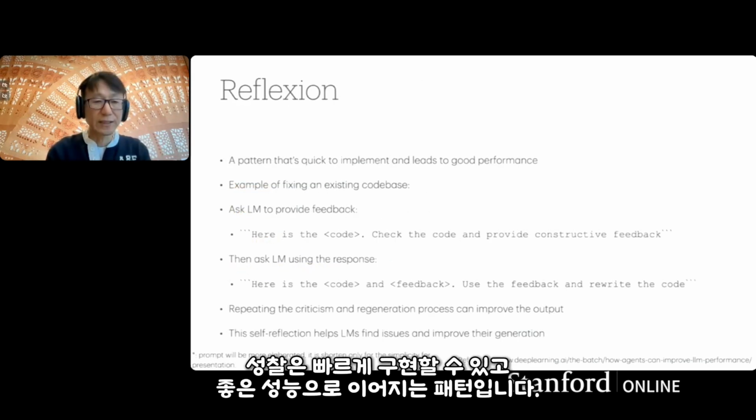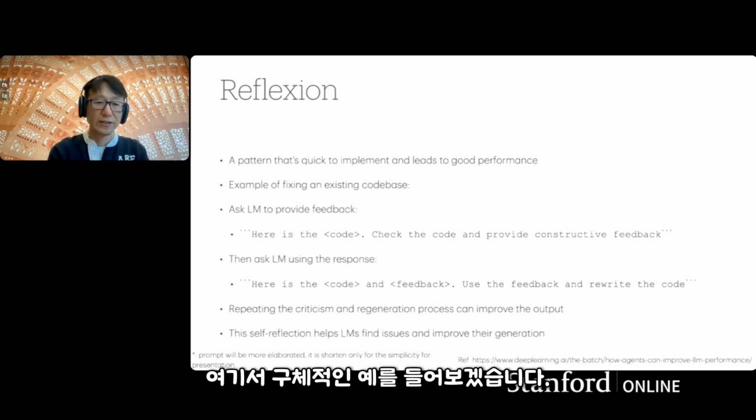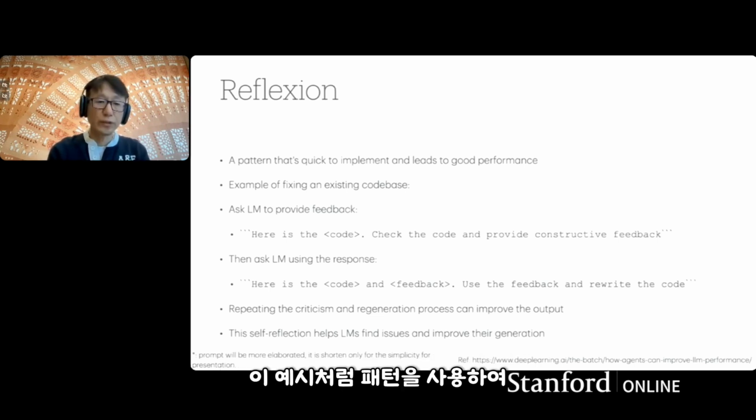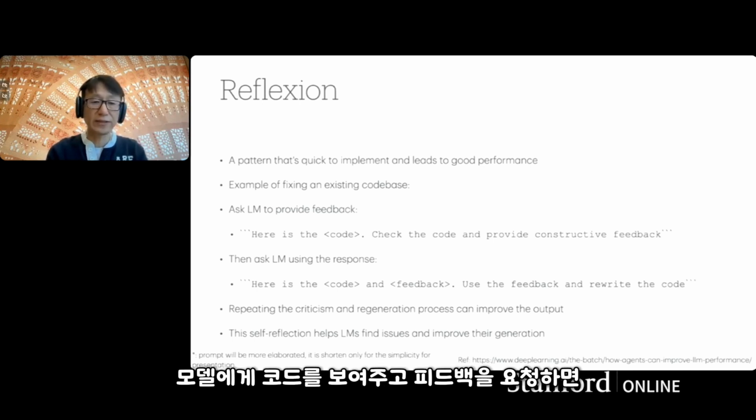Reflection is a pattern that's quick to implement and leads to good performance. Let's use a concrete example here. If you want to refactor programming code, instead of asking the model to improve it right away, you do this pattern. In this example, you ask the model, here's the code, check the code and provide constructive feedback.